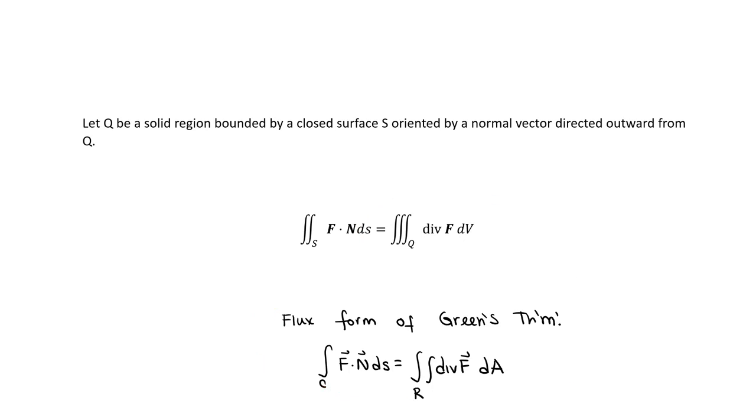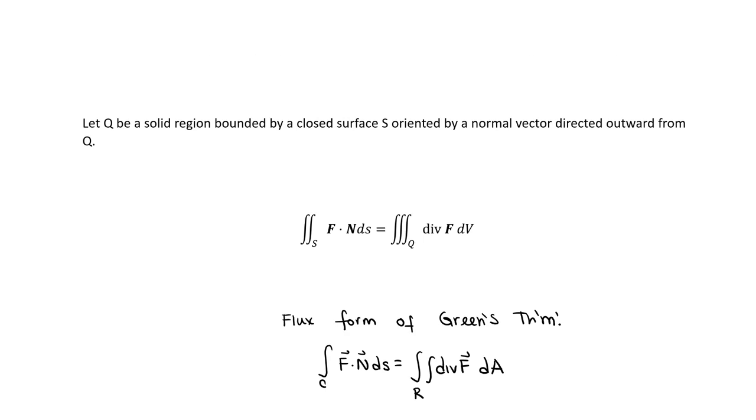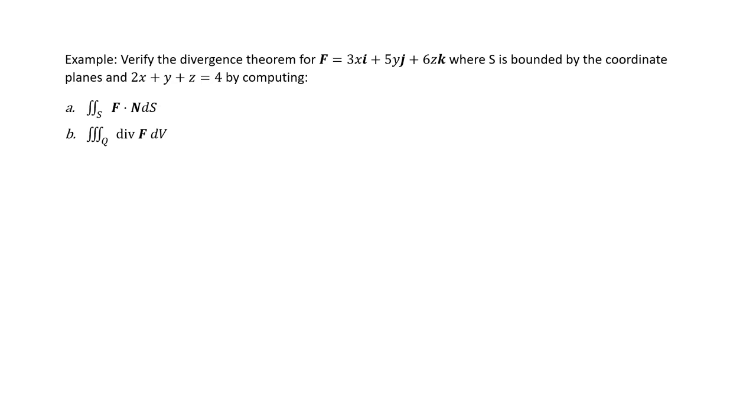And so once again, just like I did in the last section, to show you how this works, I'm going to do an example 2 different ways. I'm going to compute the problem by computing surface integrals and then a volume integral, so the left side and the right side of our divergence theorem, and hopefully we will get the same answer.